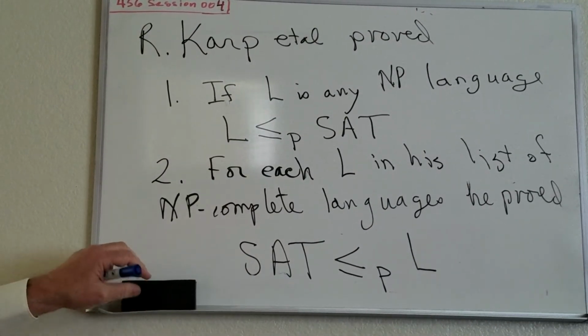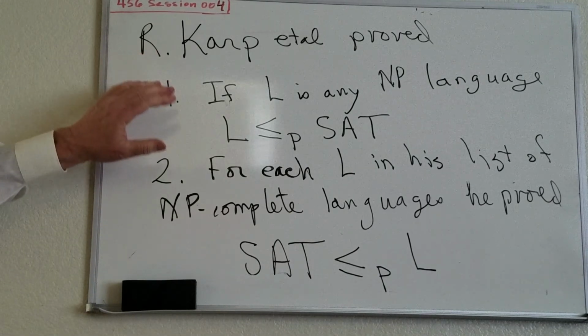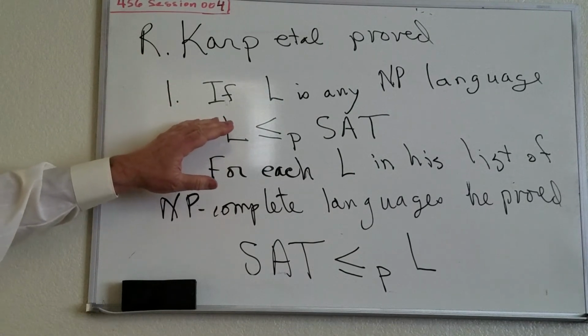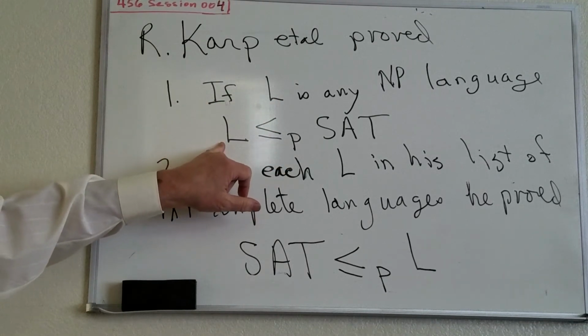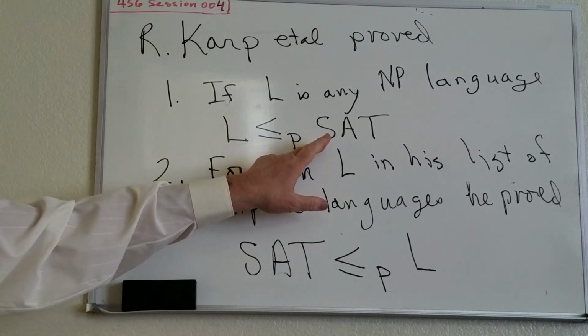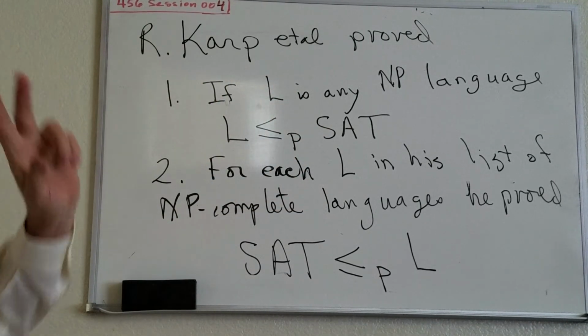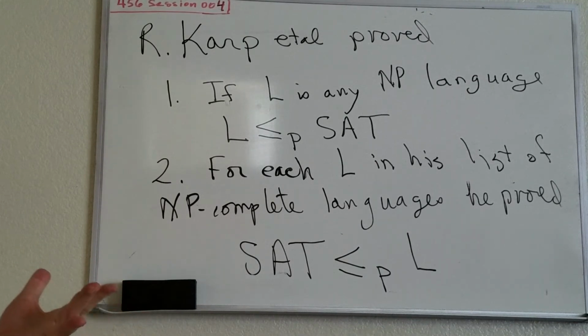Well, now, initially in the first paper, Richard Karp and his co-authors proved that for any NP language L, there is a polynomial time reduction of L to SAT, Boolean satisfiability. This then, by definition, proves that SAT is NP complete.